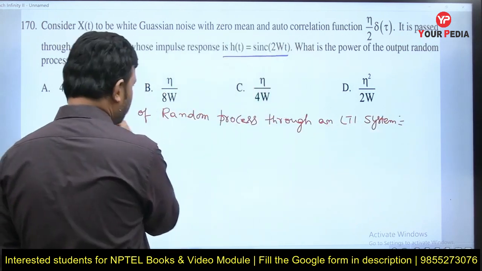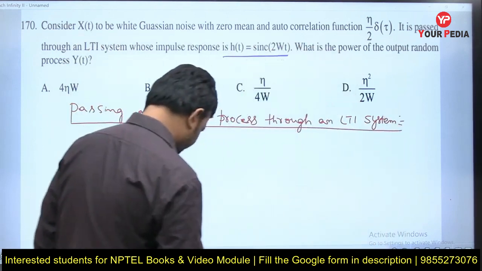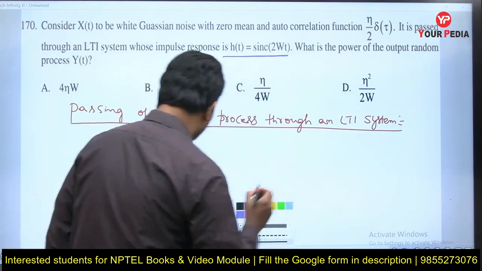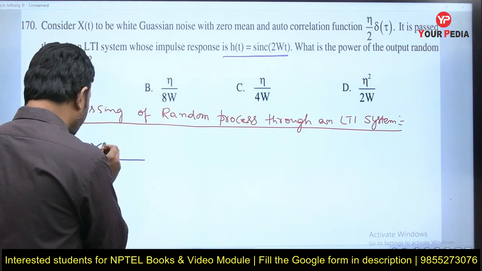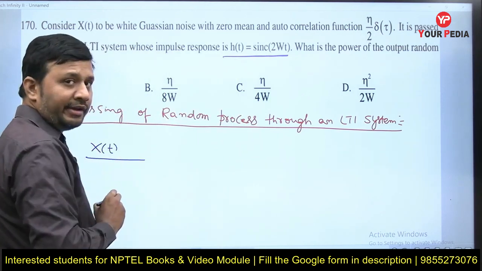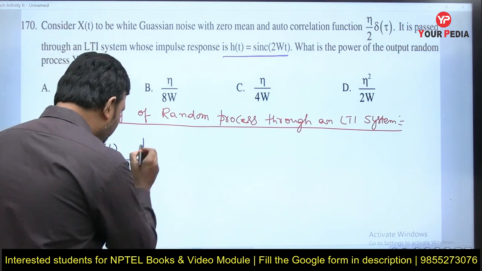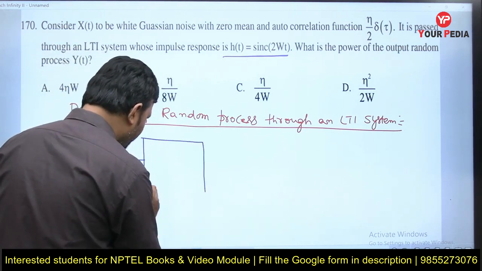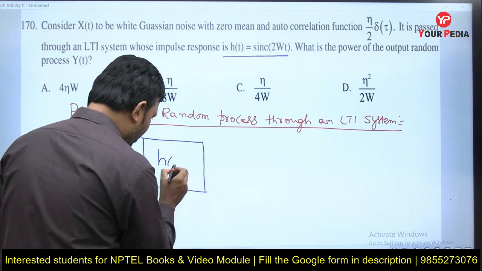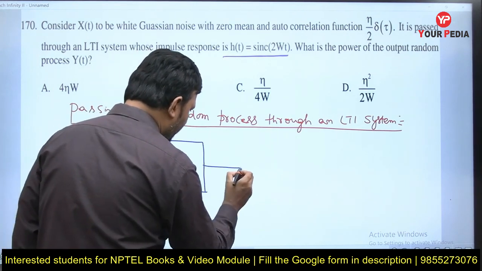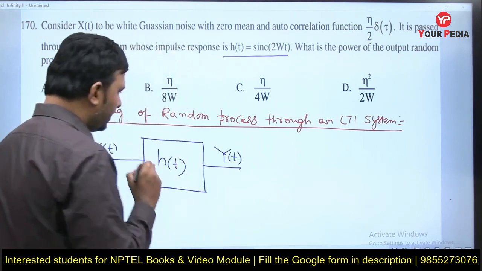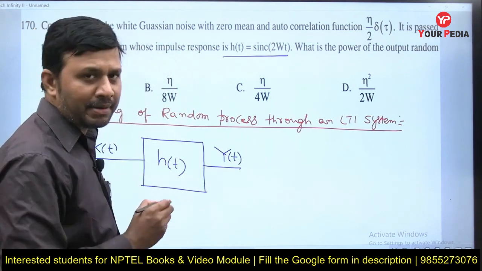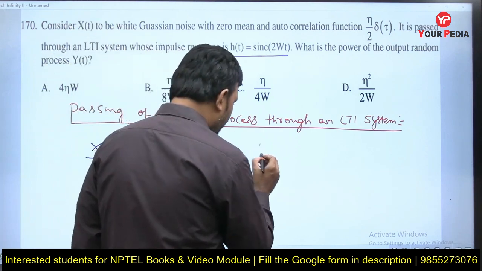Now observe here. Suppose I have a random process x of t, the input random process. If I pass this through an LTI system with impulse response h of t, I get the output random process y of t. In this concept you must remember two things.